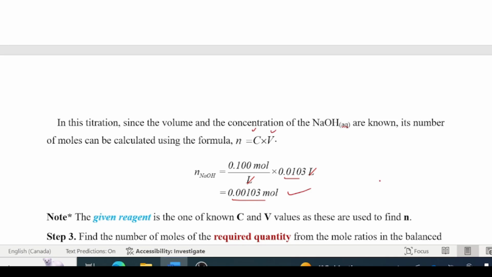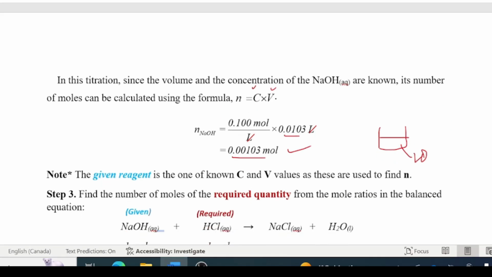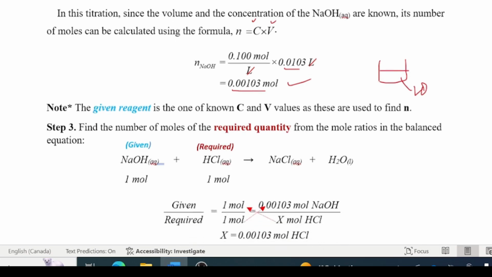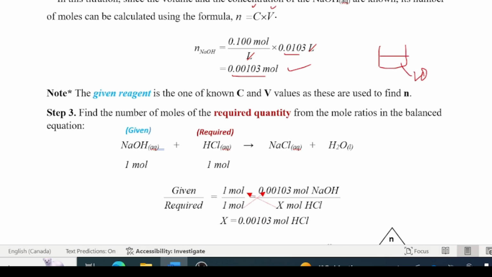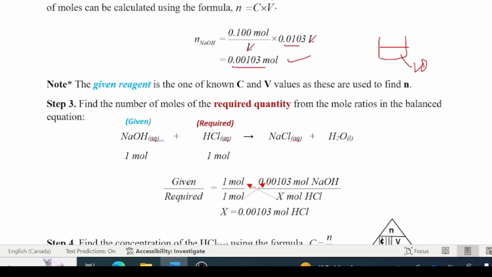And this number of moles was necessary to react with your 10 milliliters of your HCl that you use inside your Erlenmeyer flask. So the next thing you do is you balance an equation between the sodium hydroxide and the hydrochloric acid. This is the given reagent because you've just calculated its number of moles.